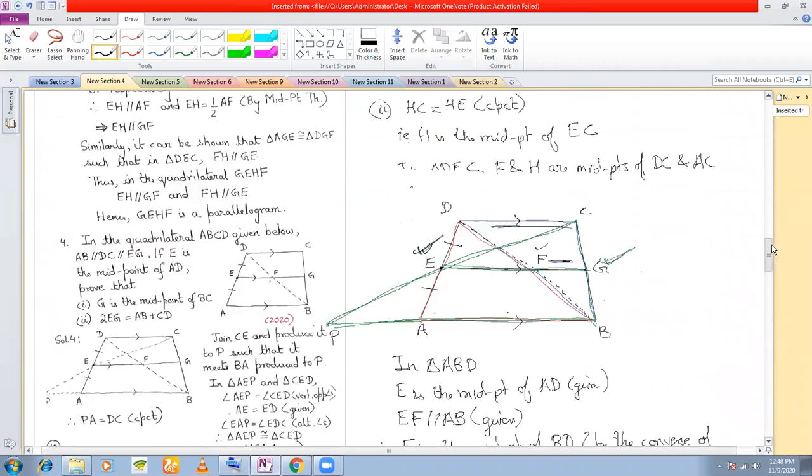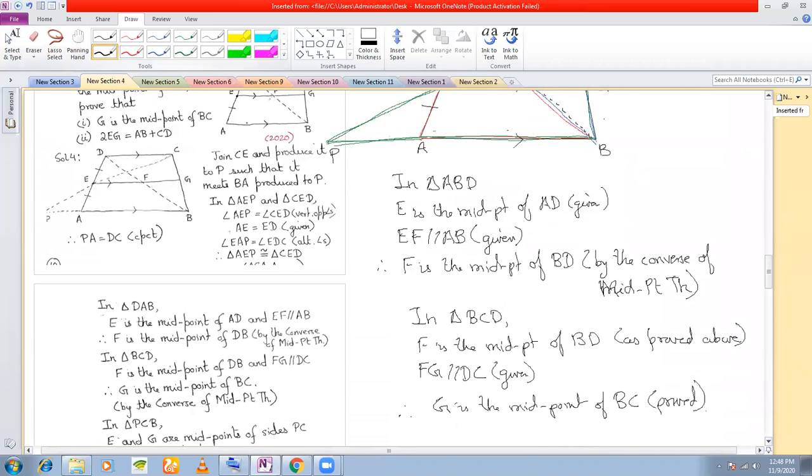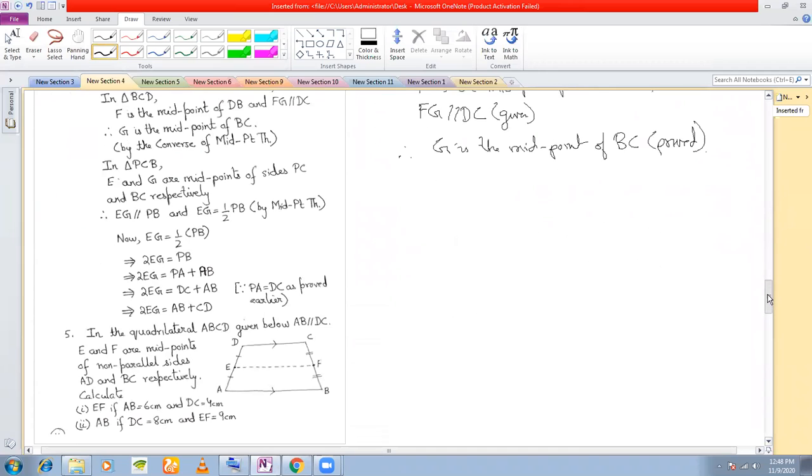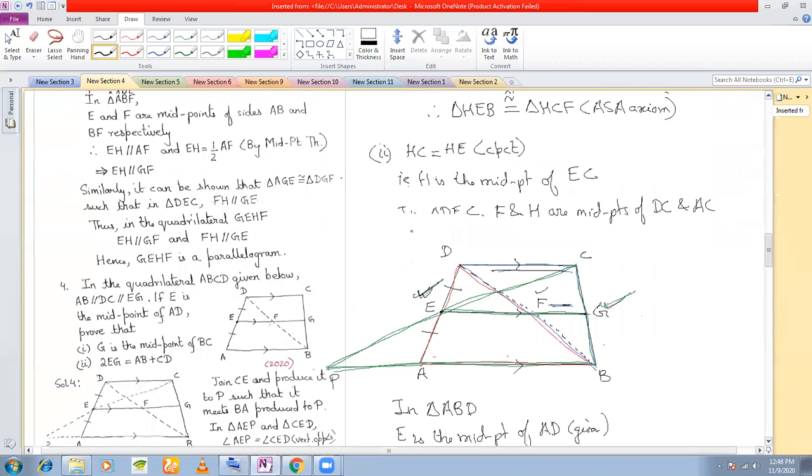The point here is that once we have drawn this triangle, I think I skipped a small part here. And that part is that you have to show that these two triangles are congruent.